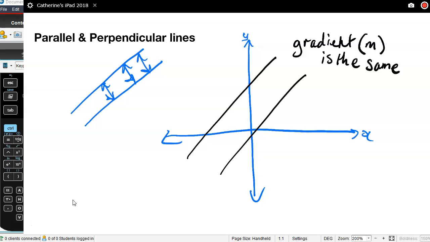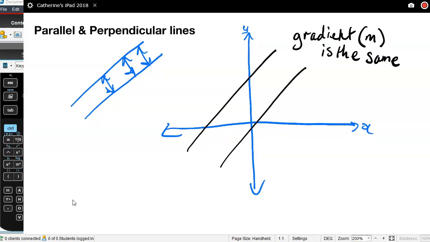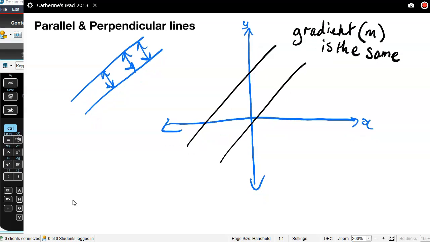That's what it means when they are parallel. So if you had an equation or some points on the lines, you can work out the gradient to test whether or not they're parallel. Let's do some examples.